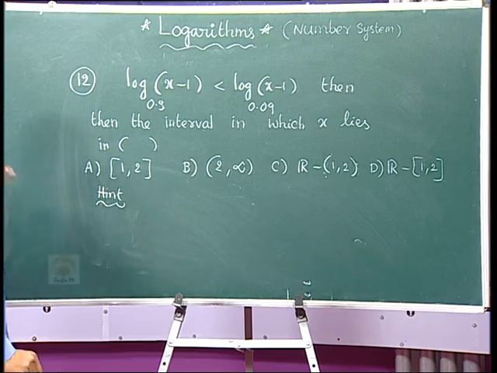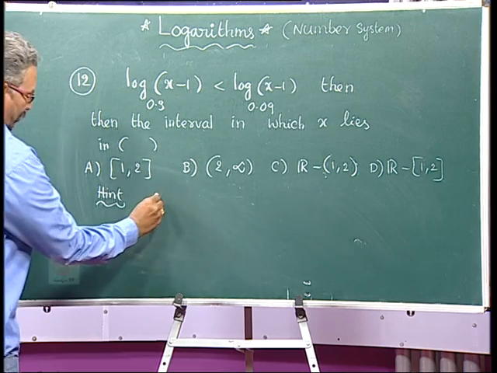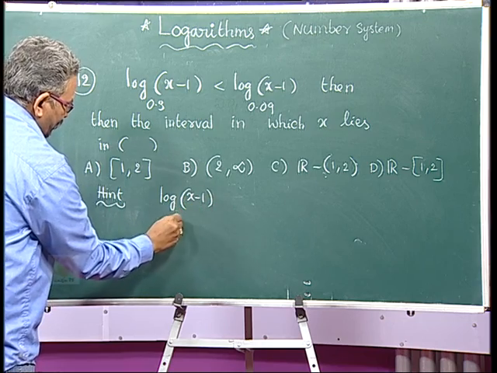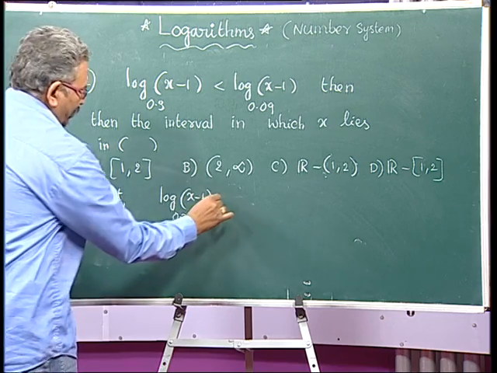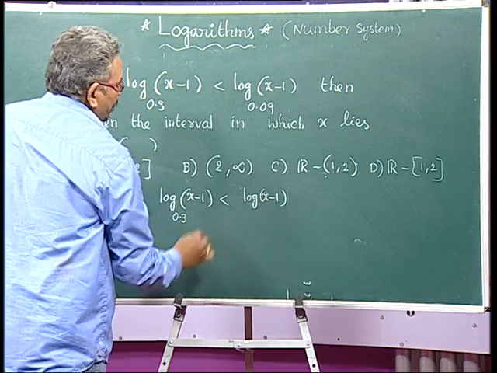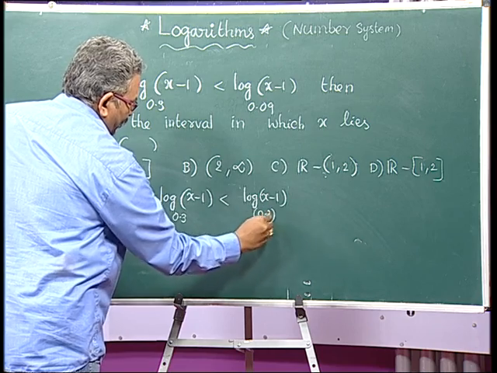If you want to solve this problem, here it is log of x minus 1 to the base 0.3 less than log of x minus 1, and this 0.09 we can write as 0.3 whole square.